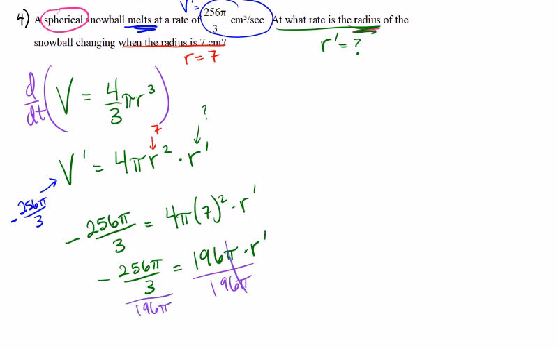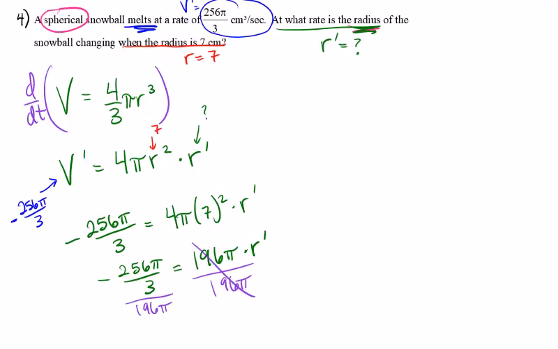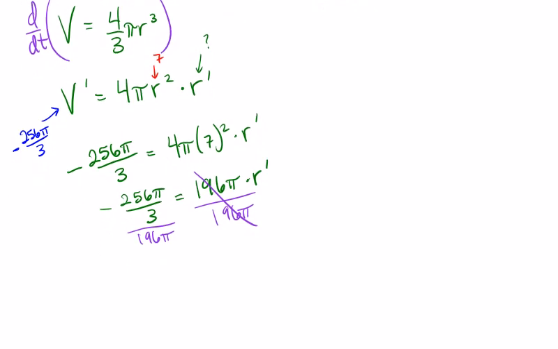Those pi's cancel out, and on this side everything cancels out except for the r prime. Then you can plug this into your calculator, like negative 256 thirds over 196. You can do that in fraction form, and it will reduce that fraction for you.